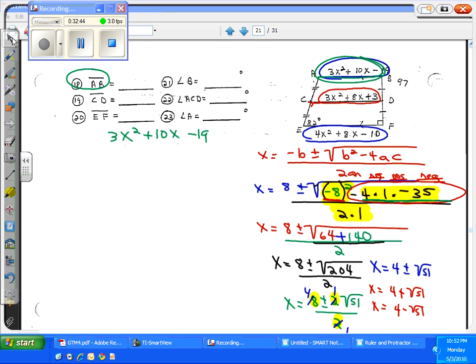And so we're going to have 3 times (4 plus square root 51) quantity squared, plus 10 times (4 plus square root 51), minus 19.